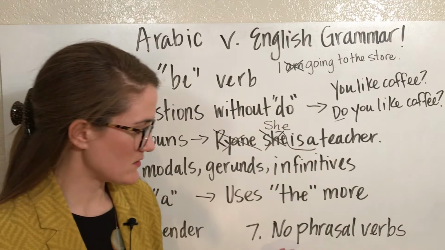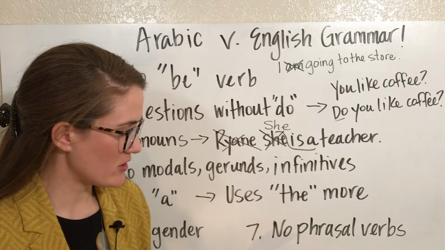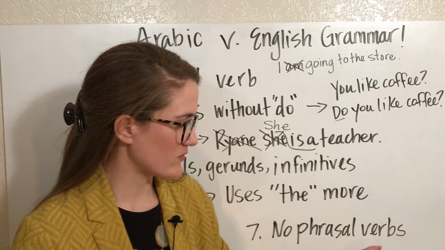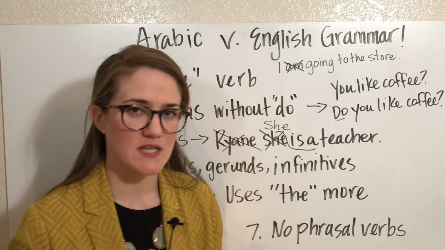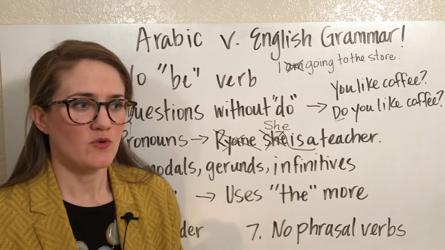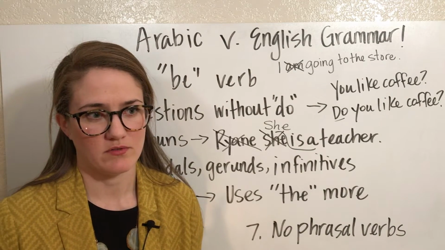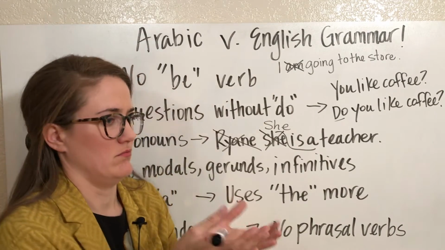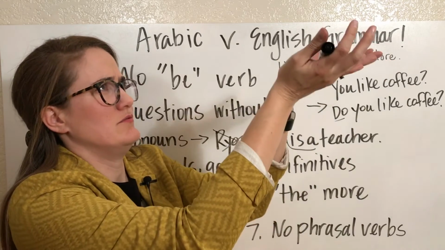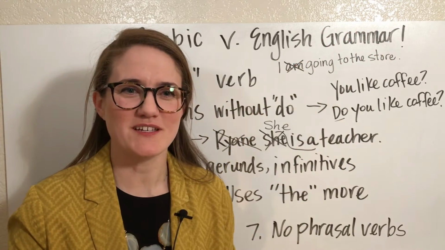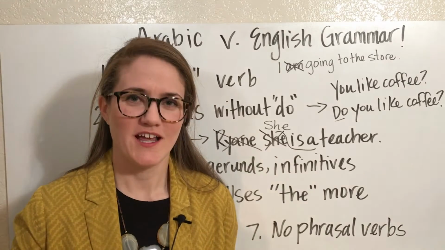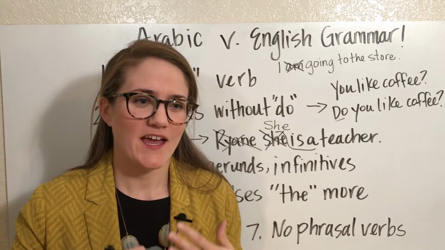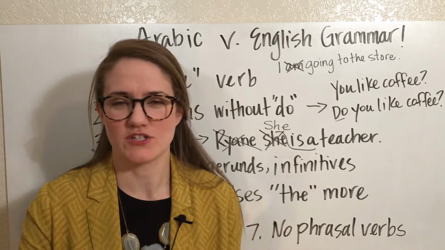Okay, and then the last one, in Arabic, you don't really have phrasal verbs. So an example of a phrasal verb would be like give up, right? Give up means I'm finished. Like I'm angry and I'm tired and I don't want to try anymore.